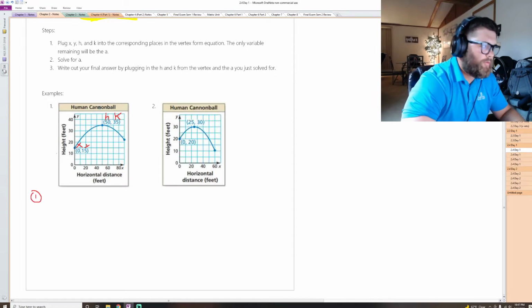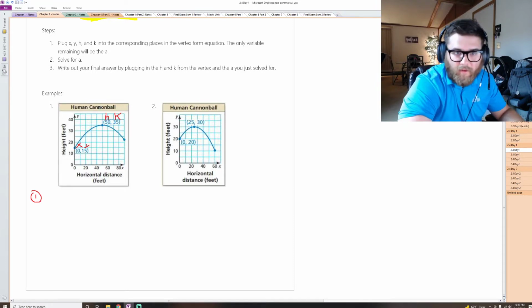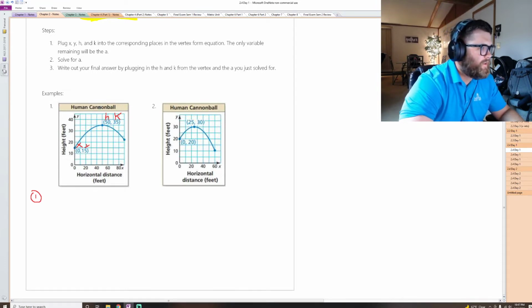I already got these labeled for you: x, y, and my vertex is at the top here. Hint, it's a negative parabola, it's facing down. My h is going to be 50, my k is going to be 35, my x is going to be 0, my y is going to be 15.